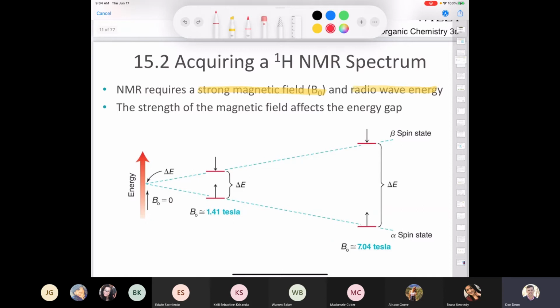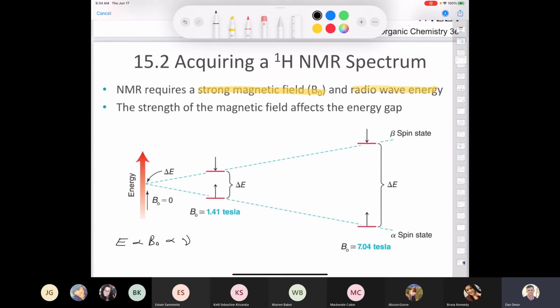Now, I'm not going to go into all the details of this, but you need to understand that the difference in energy is proportional to the magnetic field, which you can clearly see on the slide here, but it's also proportional to the frequency, the operating frequency of the spectrometer.